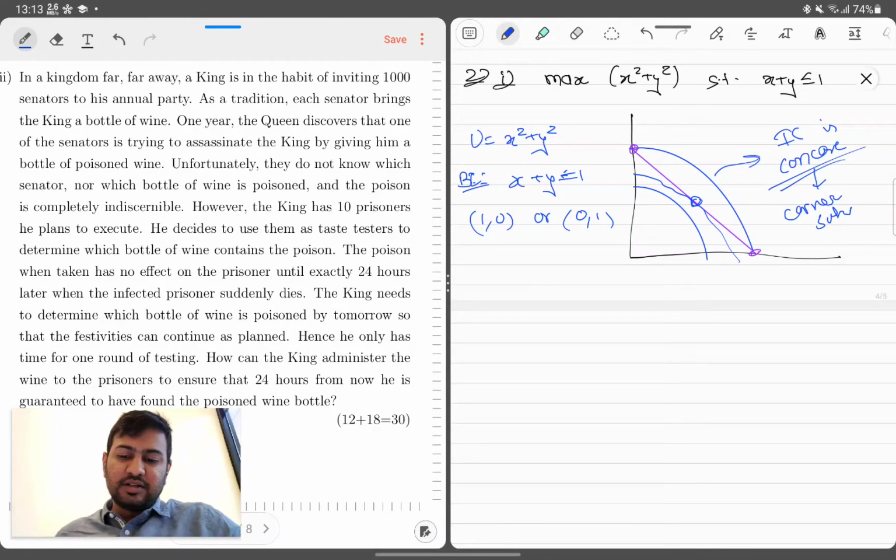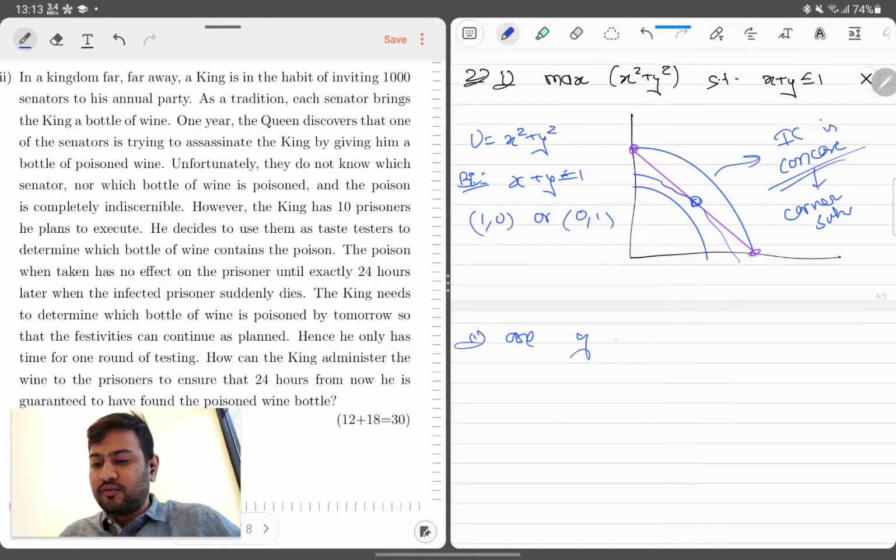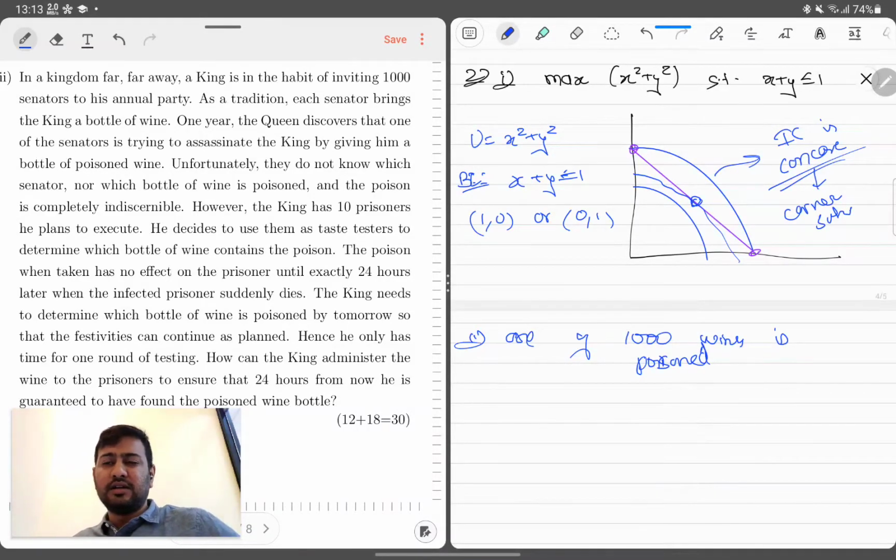So in this there's a king who has invited 1,000 guests, and they each bring a wine, and one of the 1,000 wines is poisoned. He has 10 prisoners whose lives he can spare. It's a pretty cruel question. So he doesn't care if these 10 people live or die.